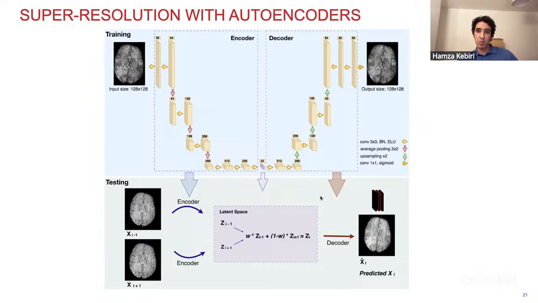By varying this weight, you can actually get many slices in the middle. This is what we've done for either 1 or 2 slices.